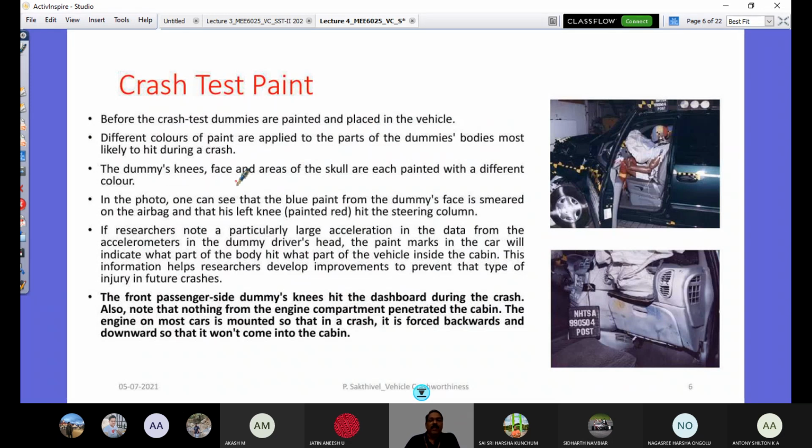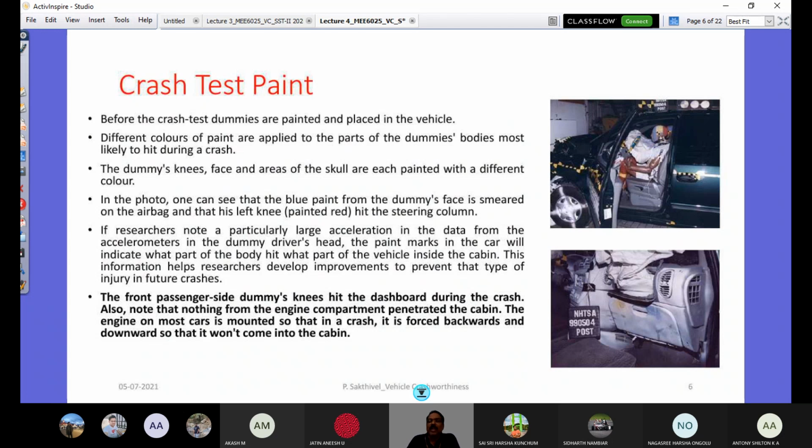The dummy's knee, face and areas of the skull are each painted with different colors that you can see in this. Right, the face with the blue color, and you can see the knees are with the brown or red here, and then you see the head with the yellow color, and then again the rear of the skull is with the red color and so on.